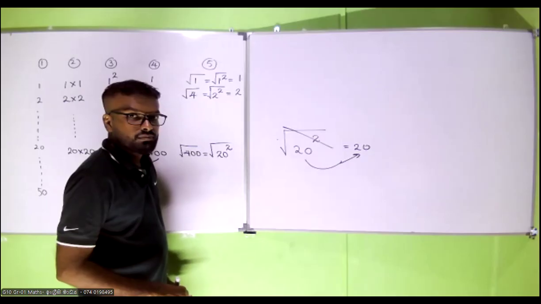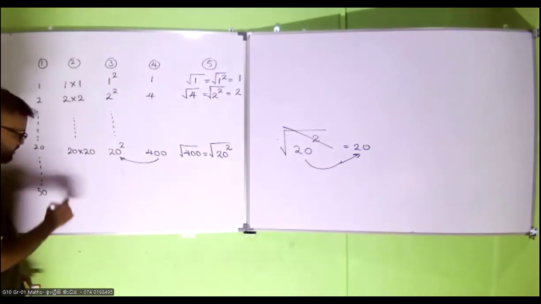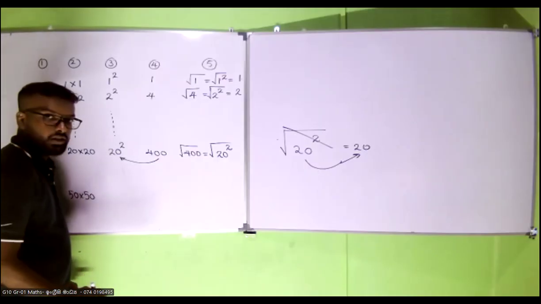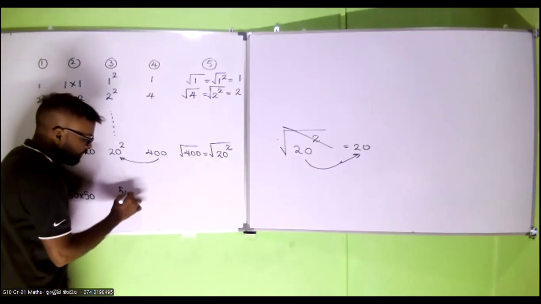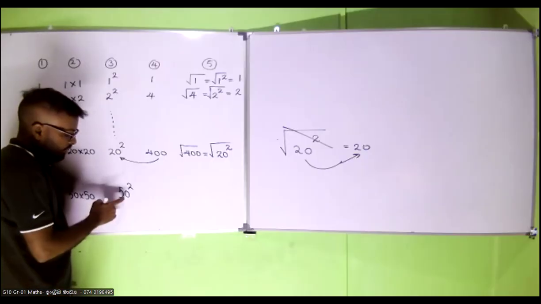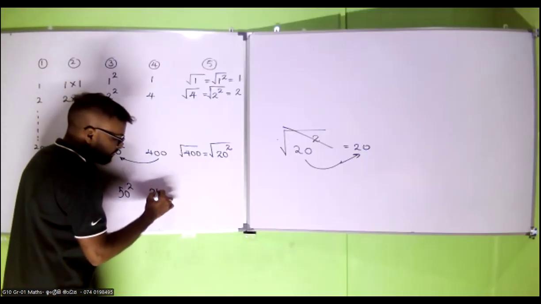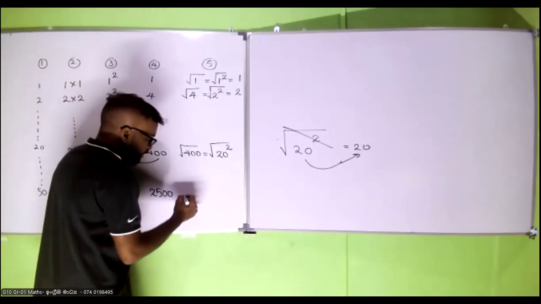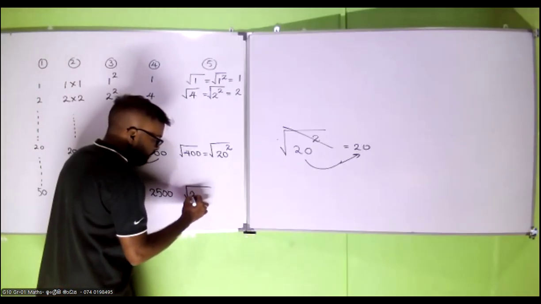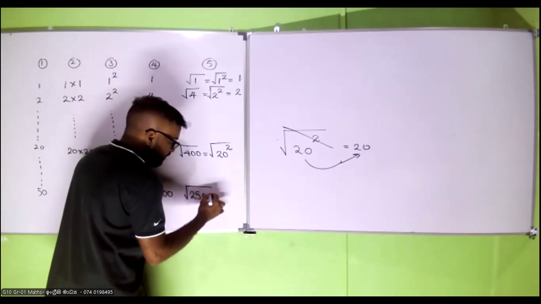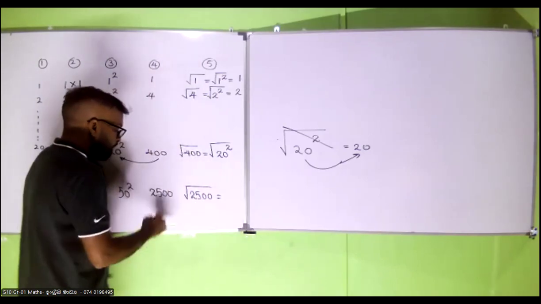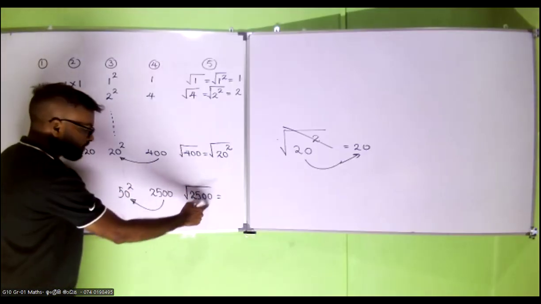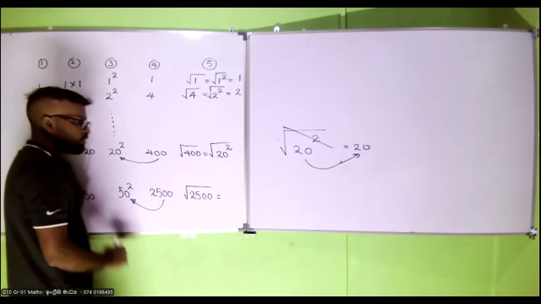Done. So I will do this with 50. 50 times 50, then 50 to the power 2. 50 times 50 means 2500. That means you are going to take the square root of 2500. By looking back, 2500 can be written down as 50 to the power 2.